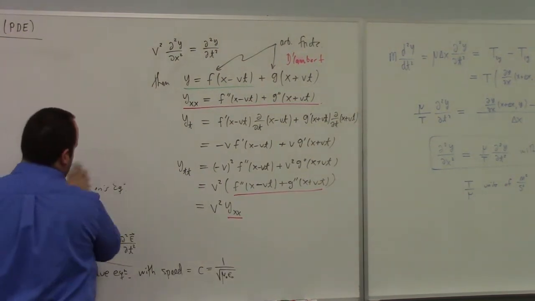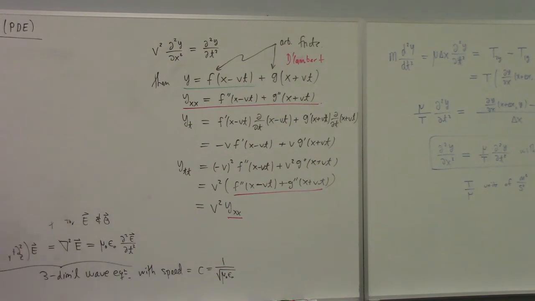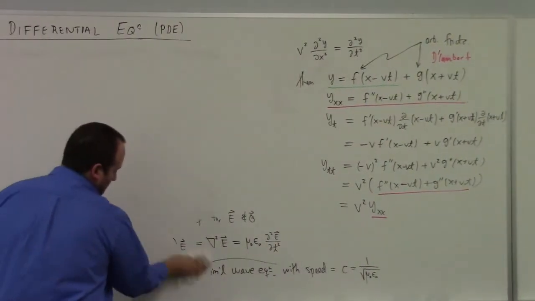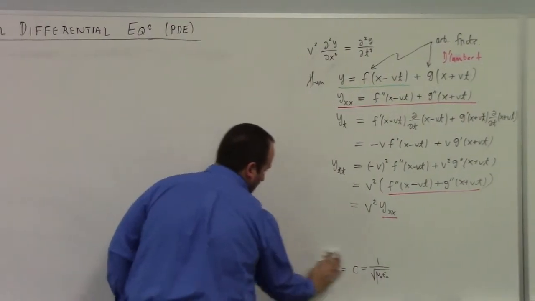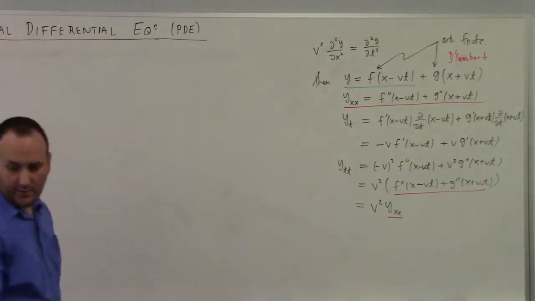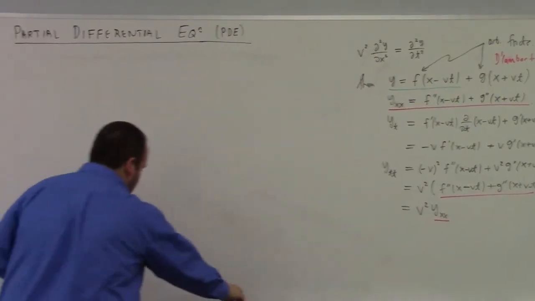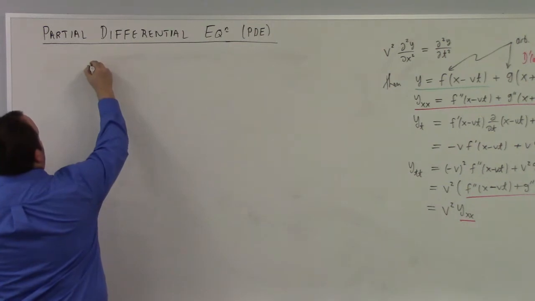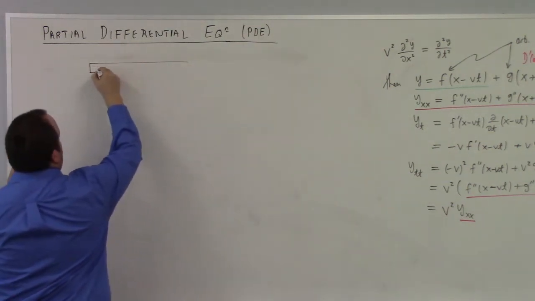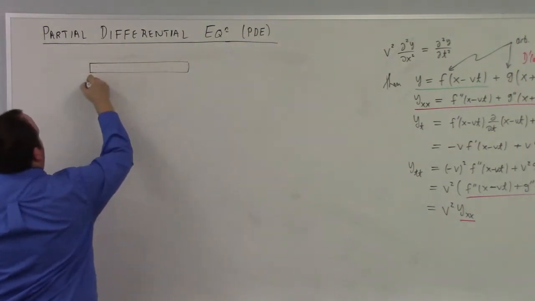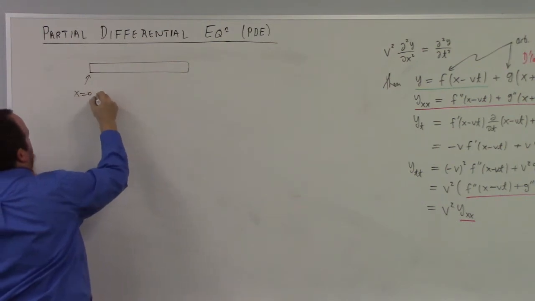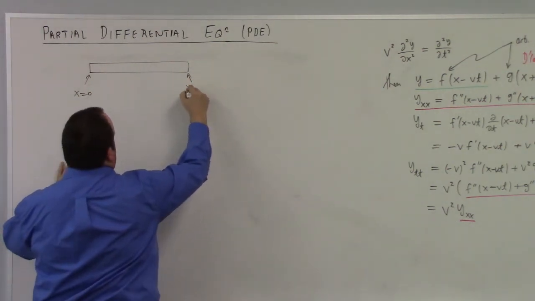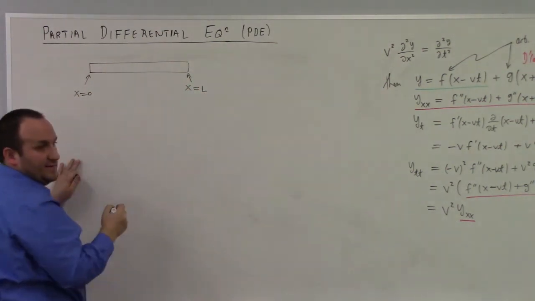Let me talk about the heat equation here for a few minutes. So the basic thing you study is something like you have some metal rod, and maybe here's x equals 0, here's x equals L, all right?